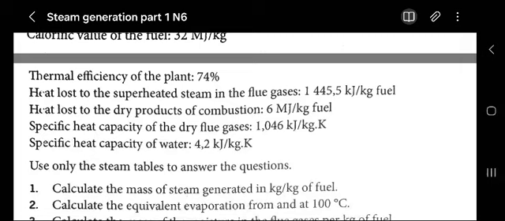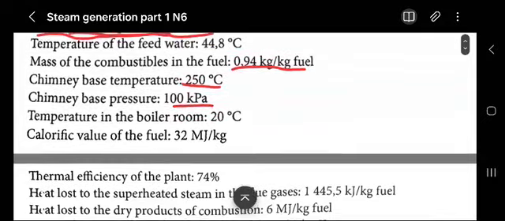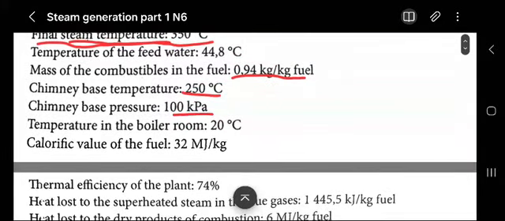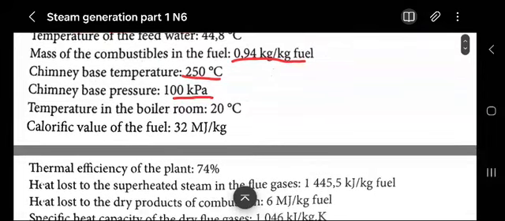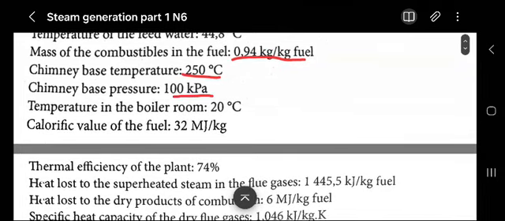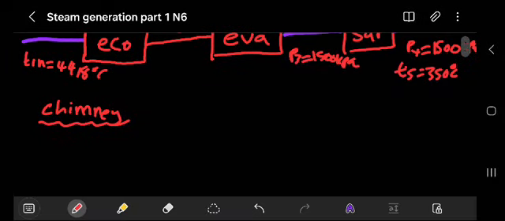We have the mass, the heat. Okay, chimney base, we have the temperature there. The chimney base, which is TFG. The mass of the gas there, or the chimney base temperature.